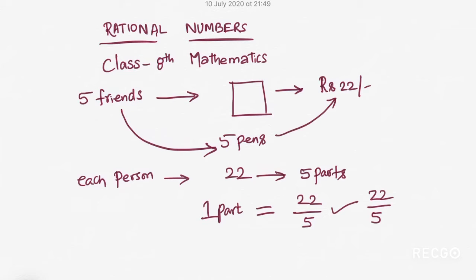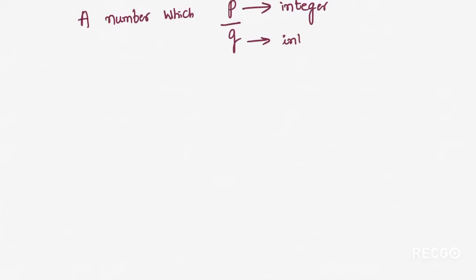A number which is in the form of p by q, where p is an integer and q is an integer.